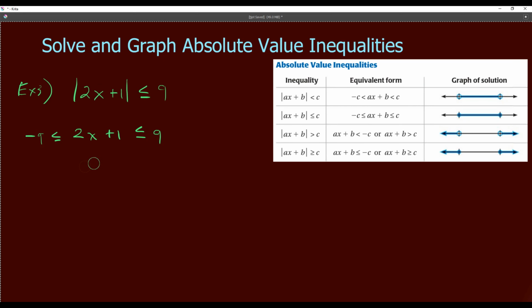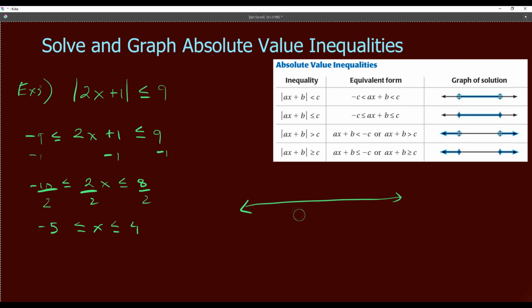Alright, so you keep the same in the middle, and you have a negative of that number on this side, positive on this side. And then subtract 1. Negative 10 less than or equal to 2x less than or equal to 8. And divided by 2. I have negative 5 is less than or equal to x is less than or equal to 4.